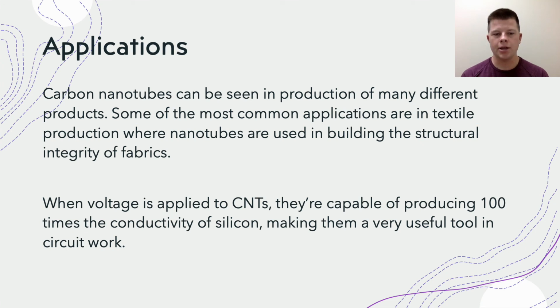When voltage is applied to CNTs, they're also capable of producing 100 times the conductivity of silicon, which can make them a very useful tool in circuit work. I was really surprised to figure out just how conductive carbon nanotubes were, but it is really remarkable that they are capable of producing that much conductivity, and they are as small as they actually are, since they're basically nano size.